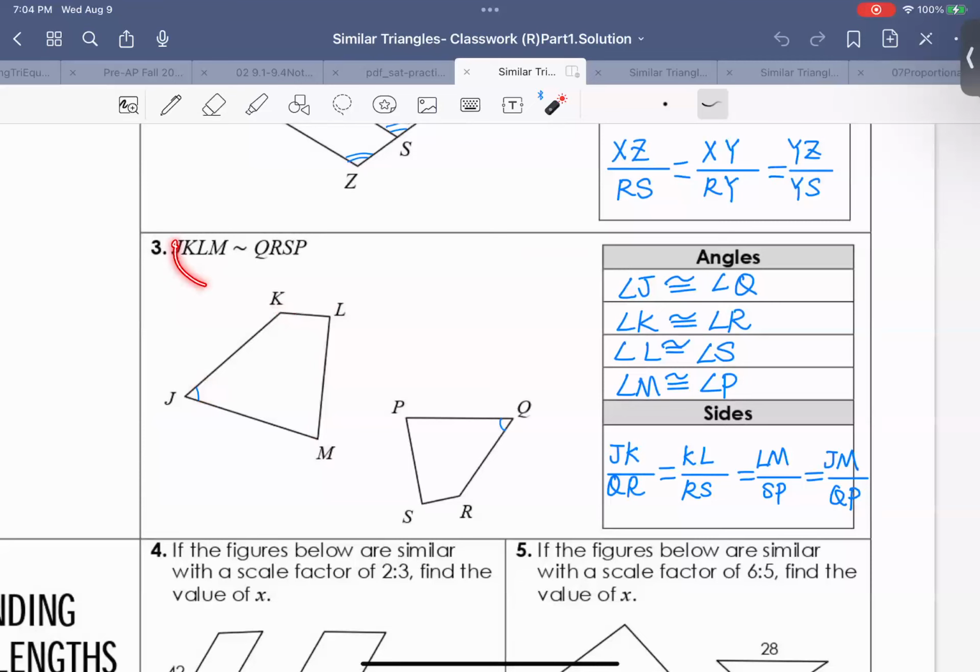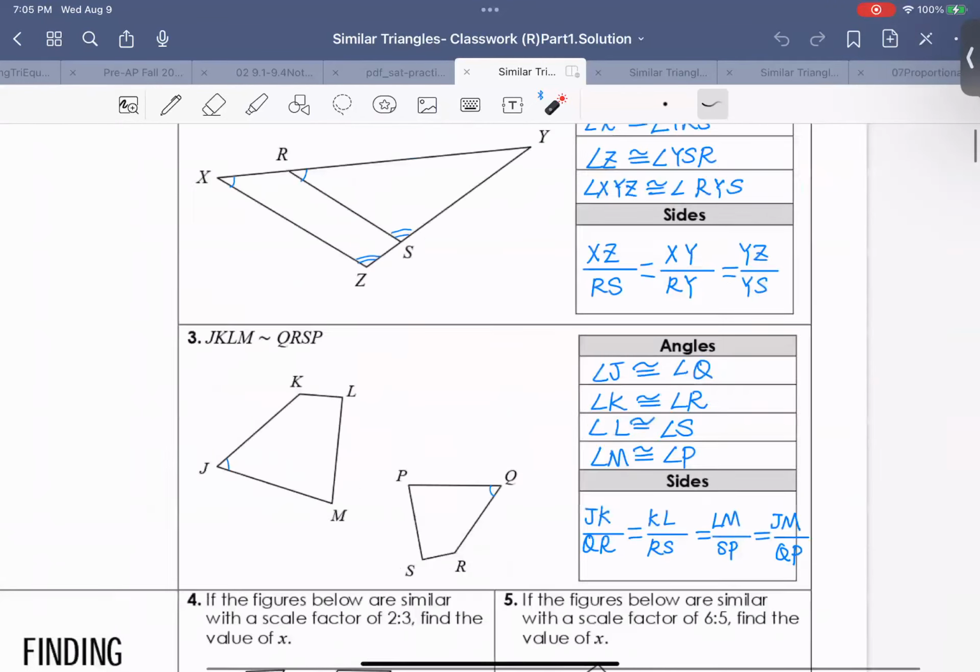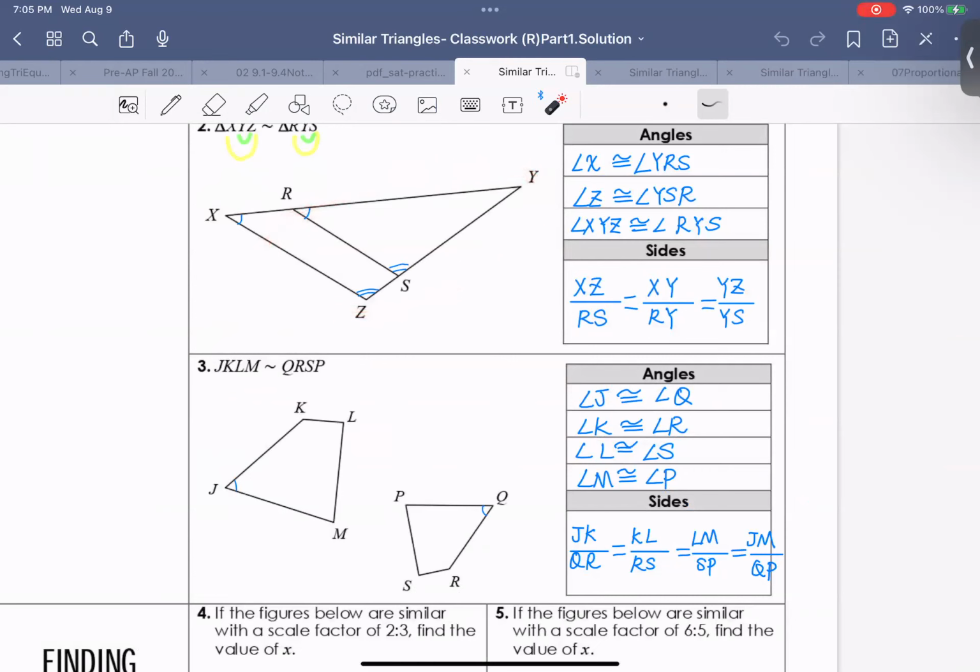That's based on similar polygons. You can give this conclusion: the corresponding angles are congruent and the corresponding side ratios are equal. That's the conclusion you can give if you have two similar triangles or two similar polygons.